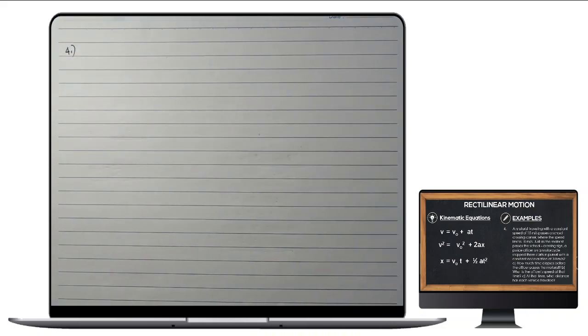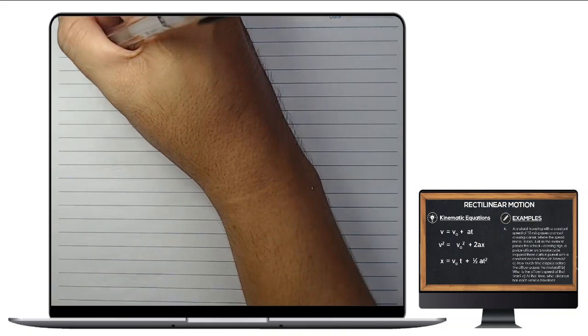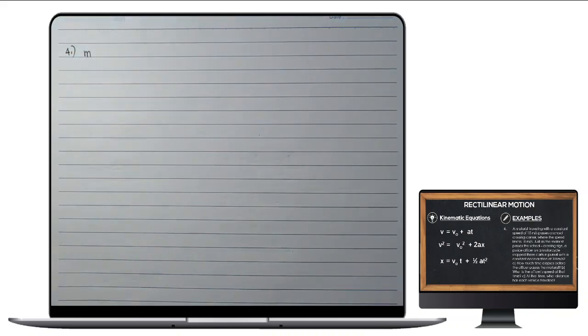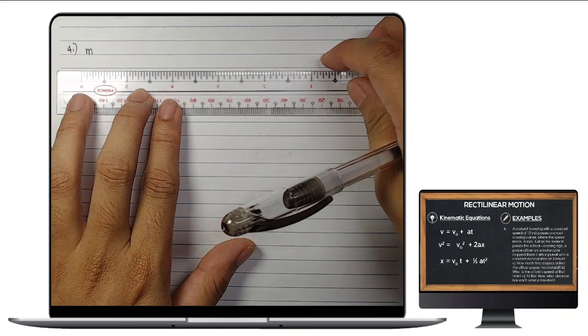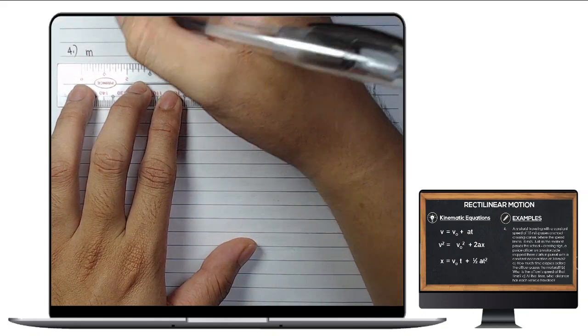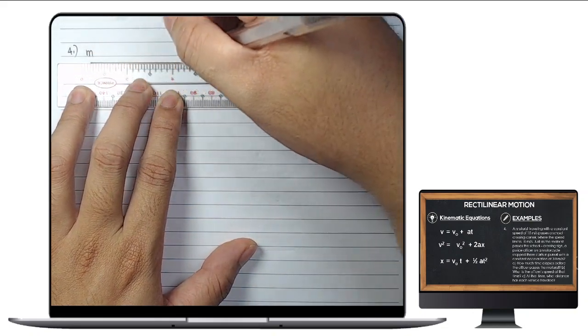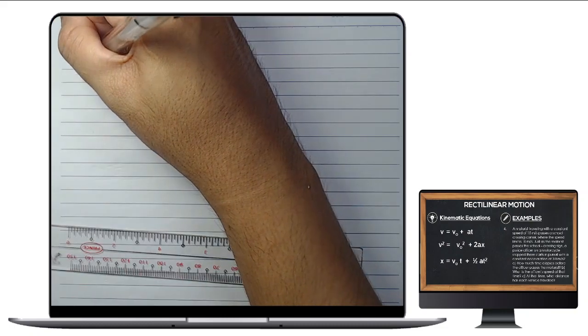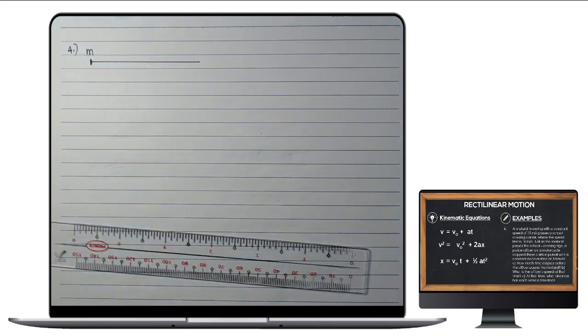So let's say first for the motorist. So for the motorist, let's say this is the path that the motorist travels. Okay, so let's say the reference point here is the school crossing corner.